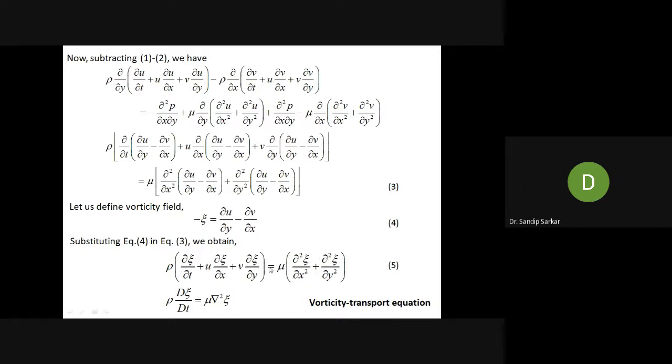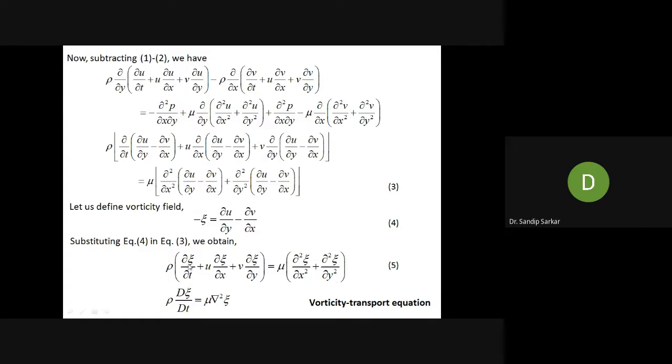We can substitute this term by zeta, right?